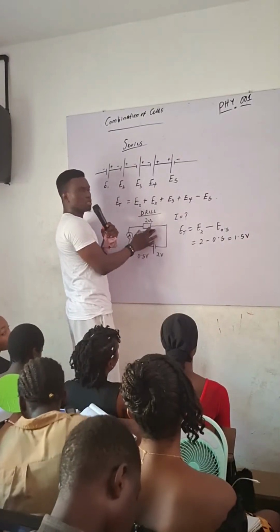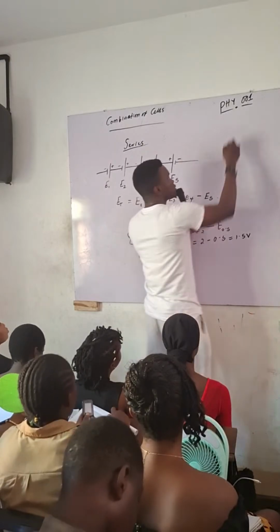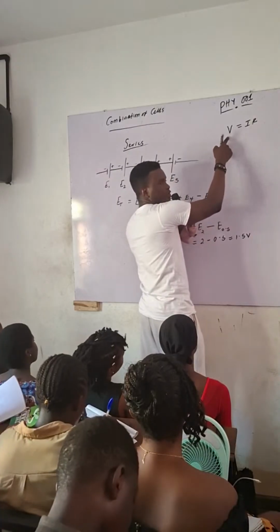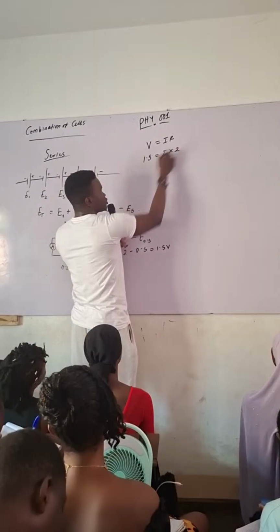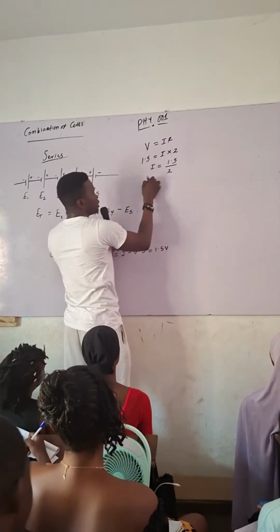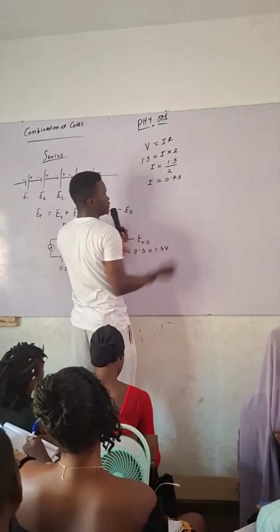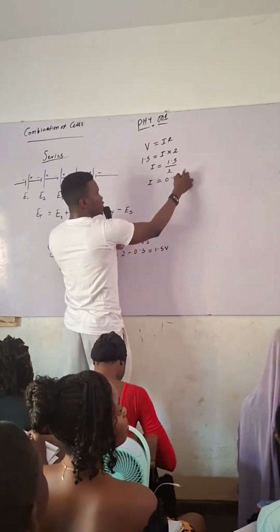So to calculate the work done, or the potential difference, what will it be now? So that would be V is equal to IR, and I already know my V, that's 1.5, is equal to I multiplied by 2. So I is equal to 1.5 over 2. That's 0.75. There are some things you can always do in your brain.